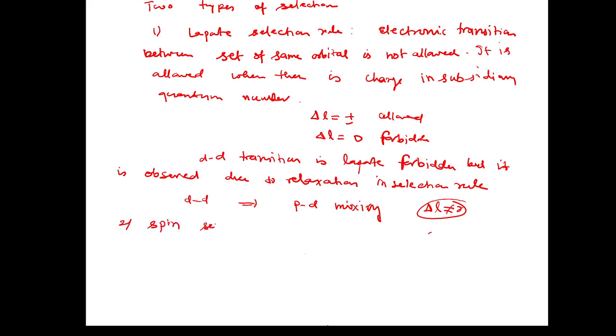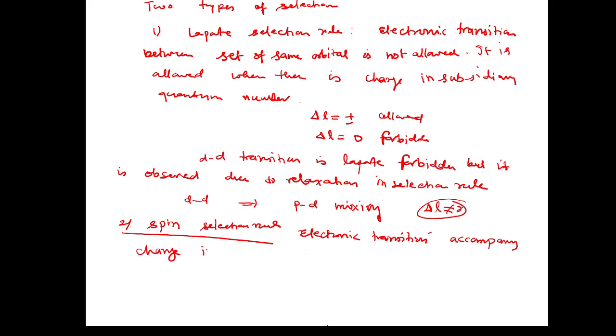Second thing is the spin selection rule. What does it say? Electronic transitions accompanied by a change in spin are not allowed.